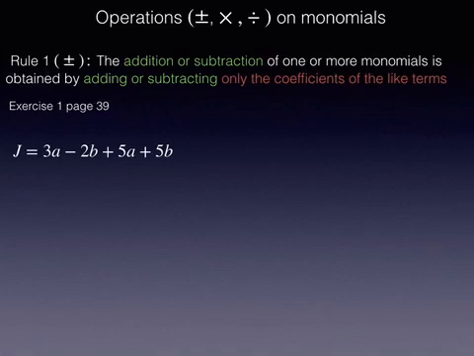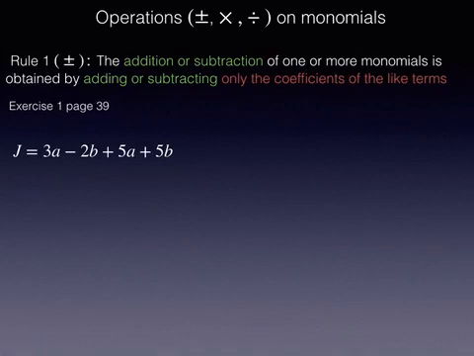Now, because we only have addition and subtraction, then we need to apply rule 1, which is the addition and subtraction only of the coefficients of the similar terms. So the first step is to determine the similar terms. What is meant by similar terms is the terms that have the same variable or the same unknown.